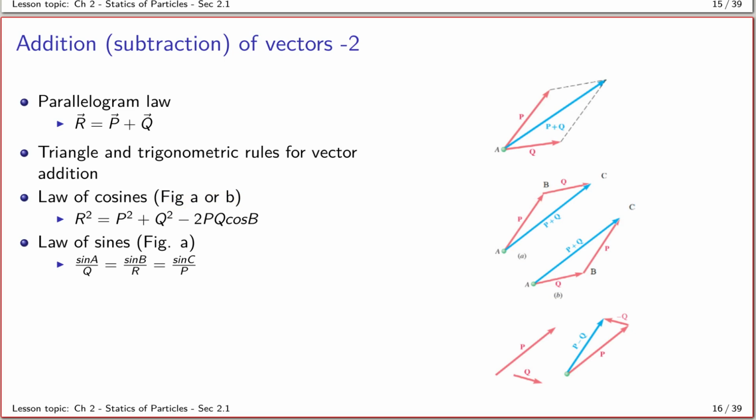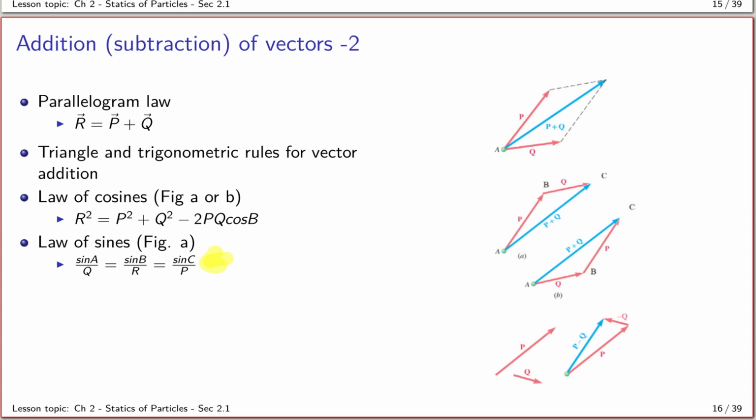Similarly, you can also use something known as the law of sines, and this one works when you have angles and the magnitudes of the different sides of the triangle. This can be done by use of the equation here, where you take the ratio of the sine of an angle to the length of the opposite side.